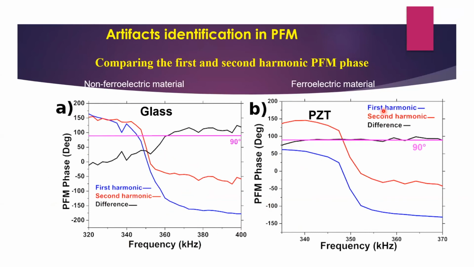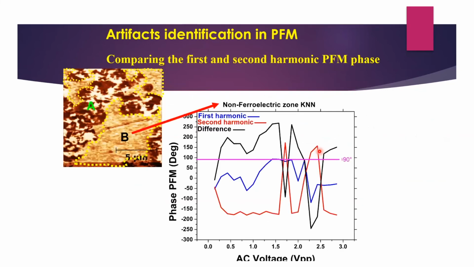We use the difference of the phase of the first and the second harmonic, and we can see the difference of the phase of the first and the second harmonic in glass. This is the difference, and in PZT, a typical ferroelectric material, we have a difference of 90 degrees between the first and the second harmonic, and we use this criteria to study a ceramic.